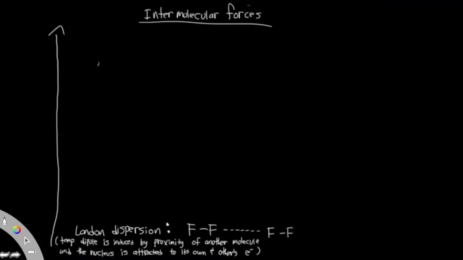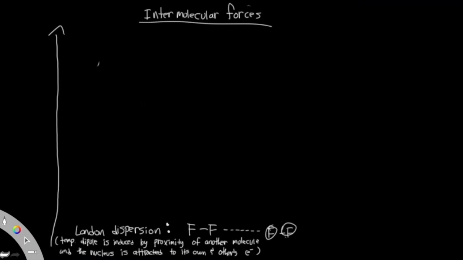The electrons here want to pull these guys in that direction, but this one also wants to pull these guys in that direction. So there is a temporary dipole that is induced, because these also have positive and negative charges going from one end to the other.